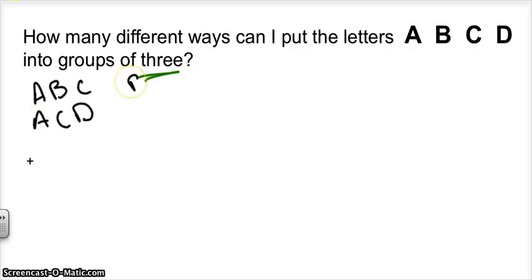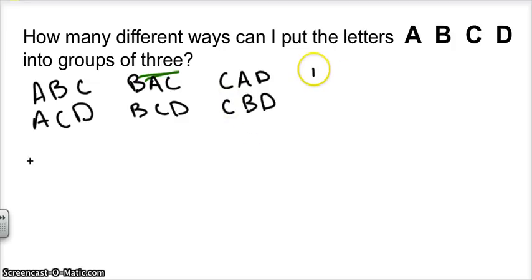Moving on. B, A, C. B, C, D. C, A, D. C, B, D. D, A, B. D, B, C.